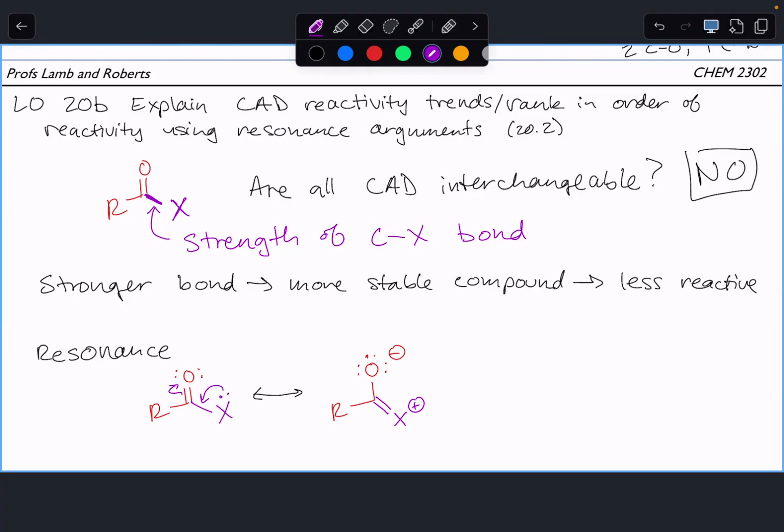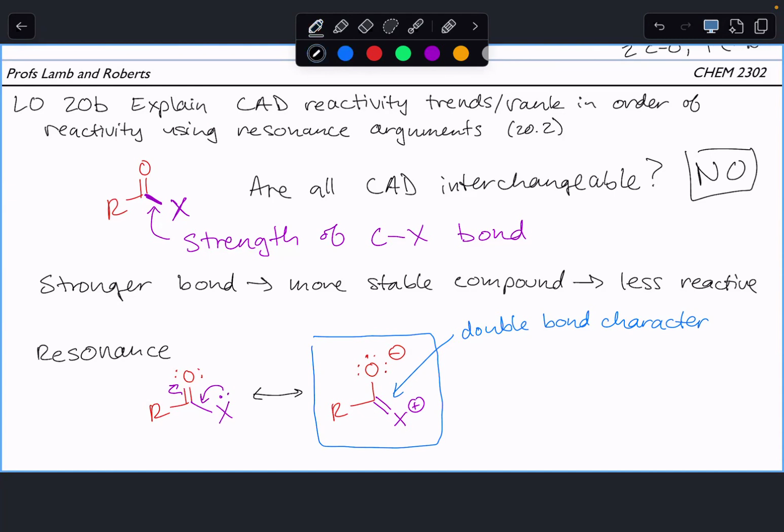So this is sort of the key resonance structure that we are going to be looking at, where we have this double bond character in that CX bond, okay? So the more double bond character, the stronger the bond, okay? So that's what we're going to be looking at.